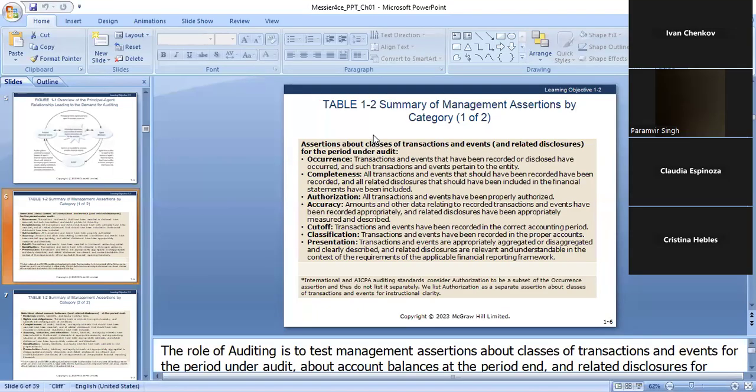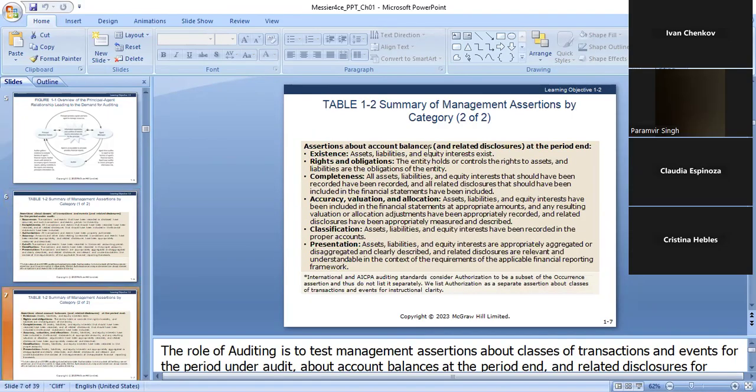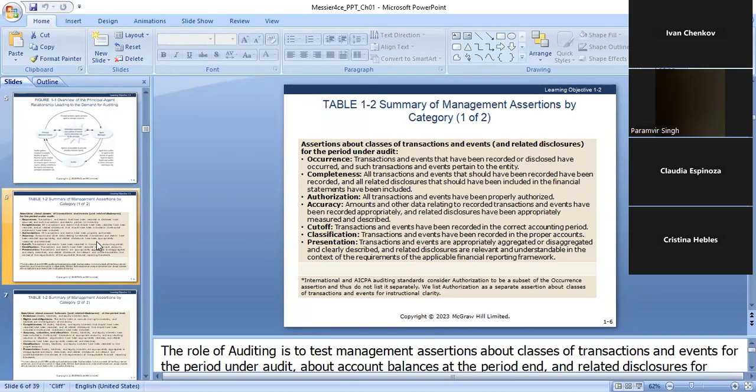So this is related to the management assertions by categories: assertions about the classes of transactions and assertions about balances. In the first case, we're chasing only the transactions and events that happen in the company and the related disclosures.